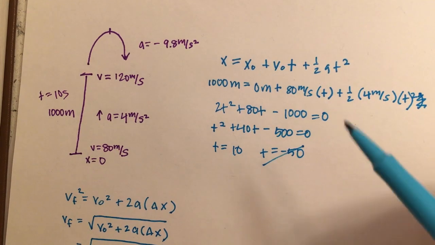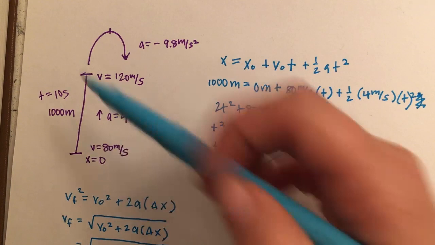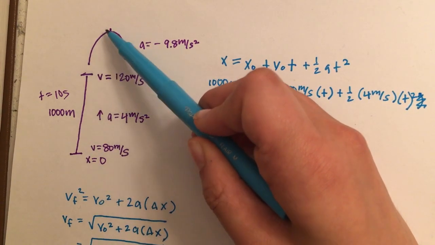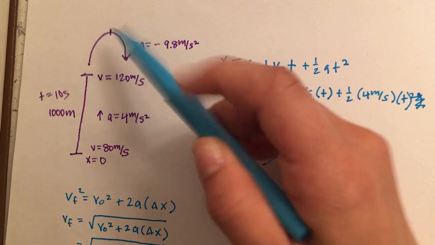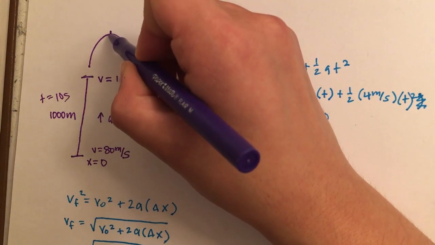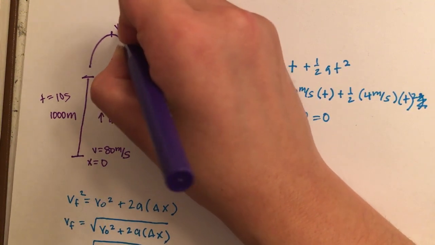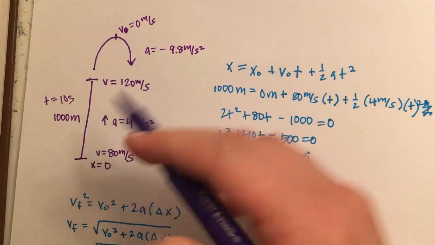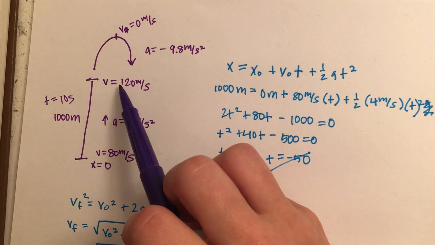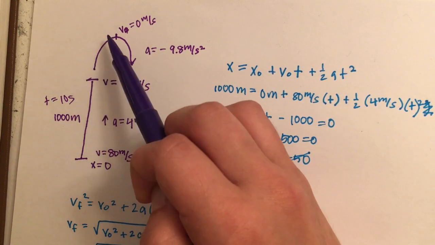Now that you have that, you will want to find how long it takes for the rocket to get to this top point where it is 0 meters per second, because in free fall, the velocity at the height of the rocket's path will be 0 meters per second. So you want to find how long it takes for the rocket to decelerate from 120 to 0 in this area here.